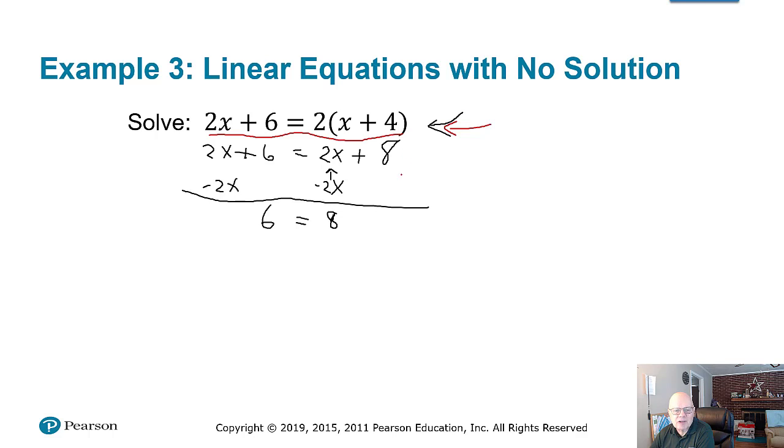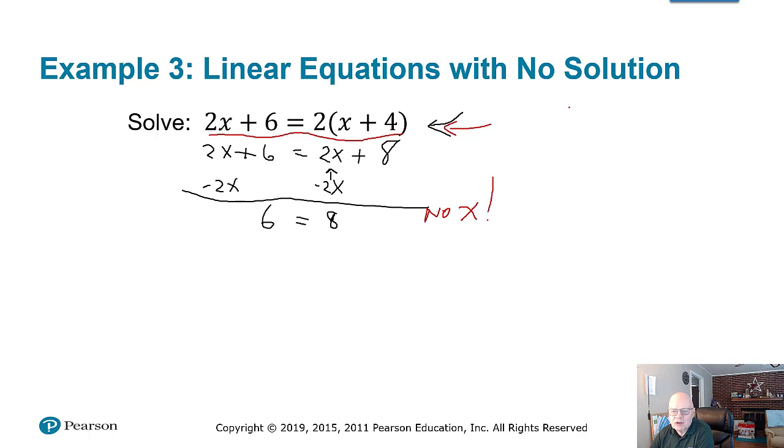All of these are saying the same thing. If you pick the right x, then 6 equals 8. Well, there is no x that's going to make that true. So we don't have an x that's going to work for this.